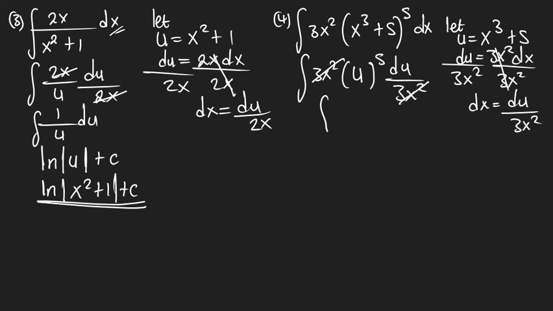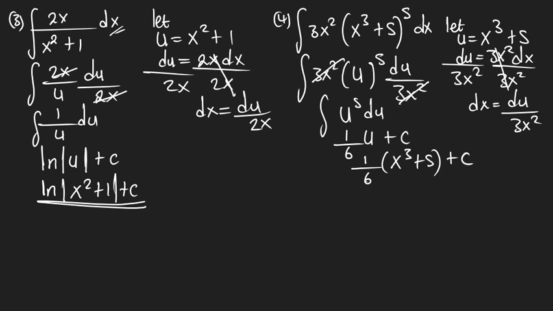So when you cancel, you are going to have the integral of u to the 5 du, which is just going to be 1 over 6 u to the 6 plus c, which is going to be 1 over 6. Then of course, what was your u? It was x to the 3 plus 5. Then this is going to be plus some constant c. Okay, that is how you solve this particular question.